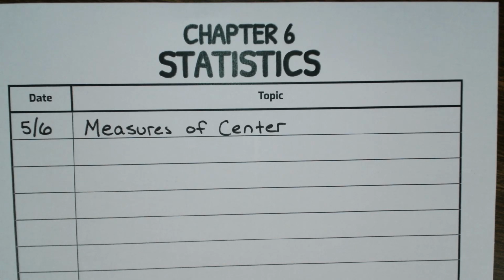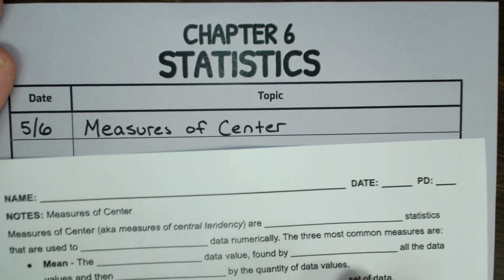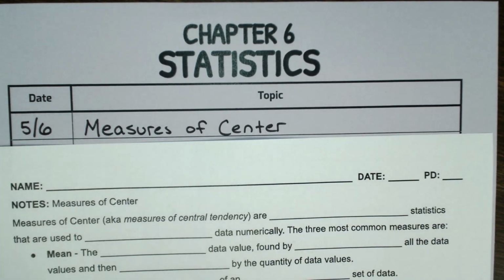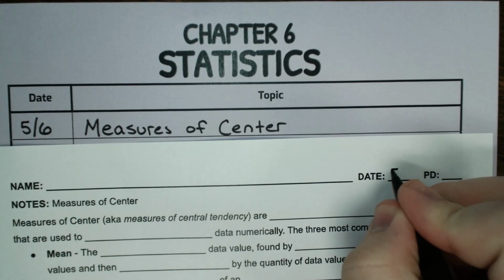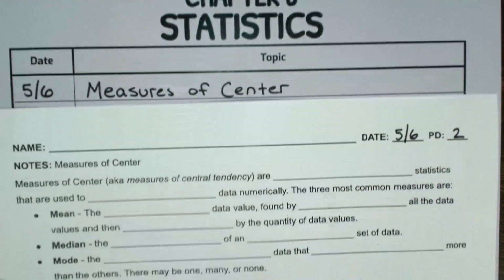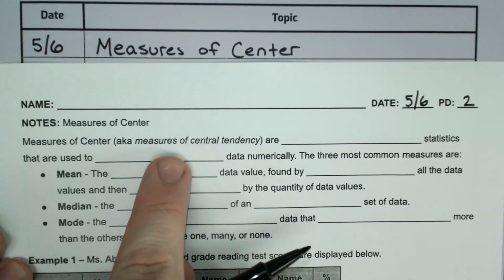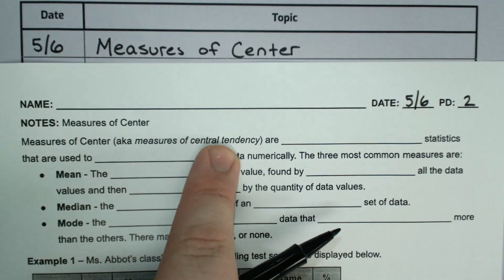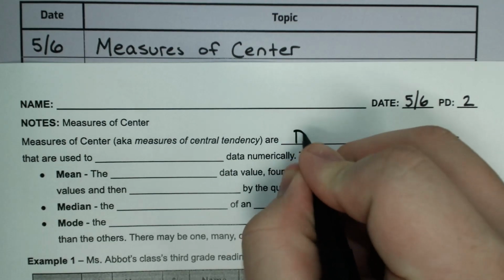Okay, so to start off our statistics chapter, we're talking about measures of center. Measures of center, also known as the measures of central tendency, are what are called descriptive statistics.